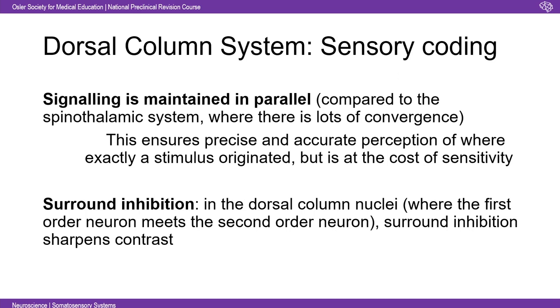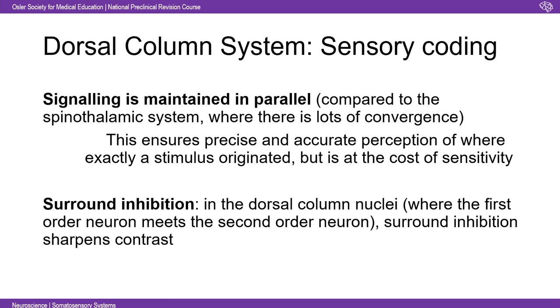Another related concept is the concept of surround inhibition. So this is basically where in the medulla, in the dorsal column nuclei, which is where the third neuron meets the second order neuron, lots of inhibitory interneurons create a field of surround inhibition.